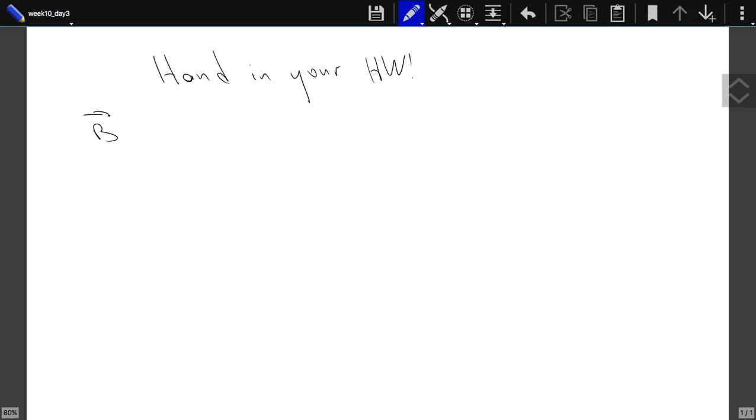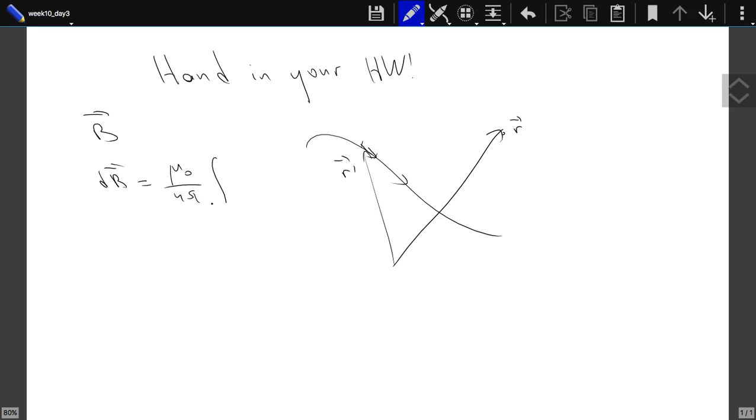And we had already seen the Biot-Savart law, which states that if you have a current carrying wire, then if you take a very small segment of this current carrying wire, then the contribution to the total magnetic induction at a point, let's say R, due to that segment, which is at the position R prime, was given by mu 0 over 4 pi times I times dl cross R minus R prime divided by |R minus R prime| cubed. So this is the law that gives us the magnetic induction at a given point.